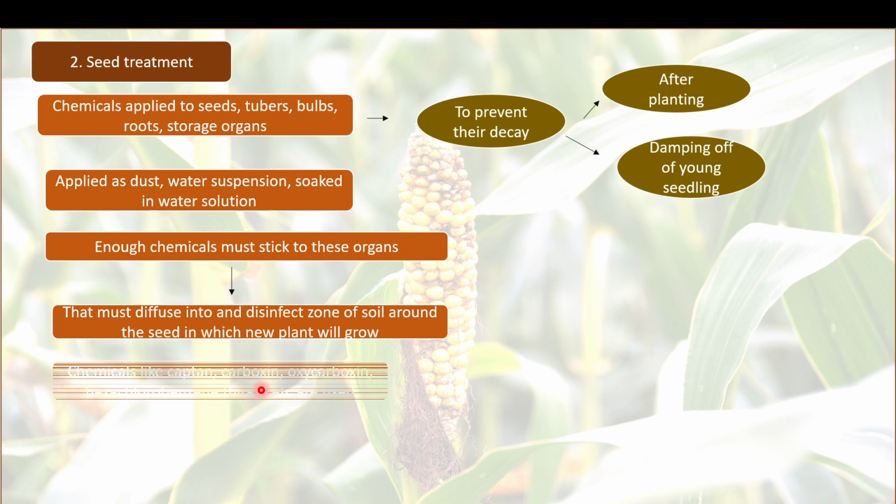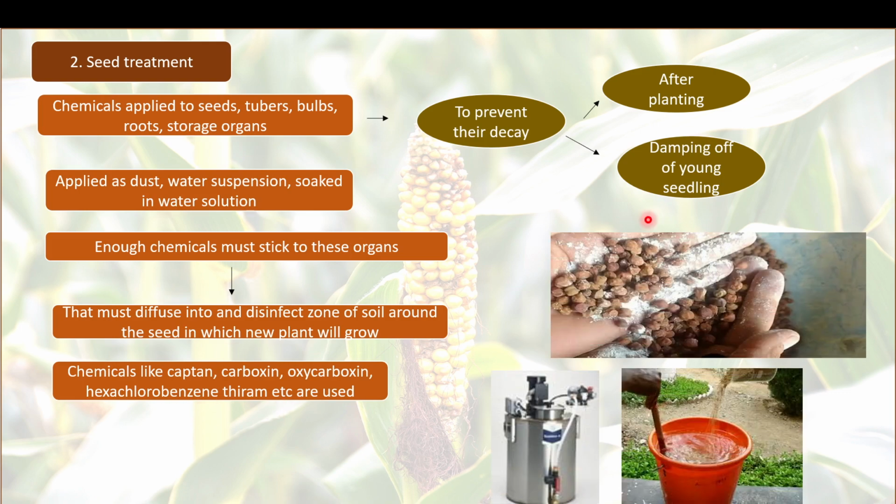So the chemicals that are used for seed treatment are called captan, carboxin, oxycarboxin, hexachlorobenzene, thiram, etc. Right, so this is the dusting method, where you dust your seeds with some chemical and then store it.